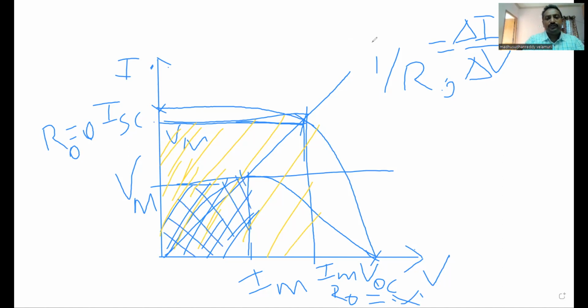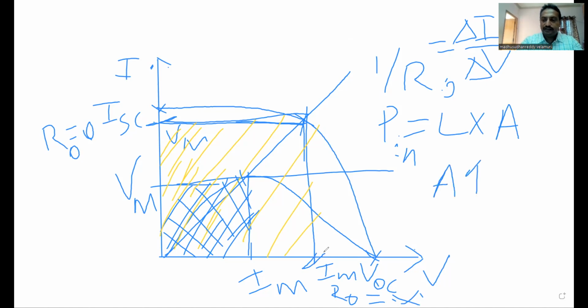This is the area, and I'll come back here. So P in is equal to V into I, the area. If these parameters change, then the area increases. So this is one of the ideal characteristics.